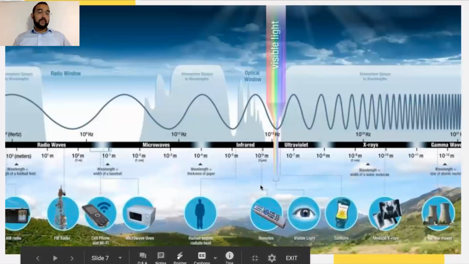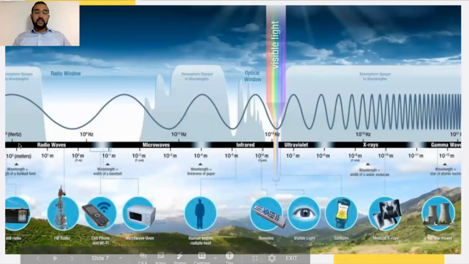Now, we talked about visible light. So this is the whole electromagnetic spectrum, and this tiny fraction of this section is the visible light. You can see the different colors. Humans are only able to see this frequency range in the electromagnetic spectrum.